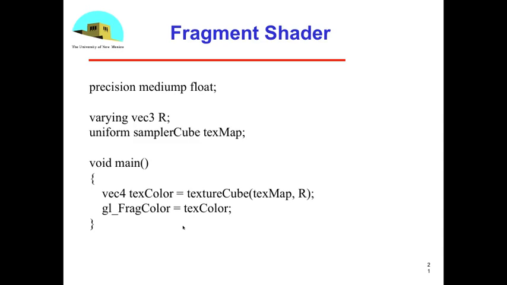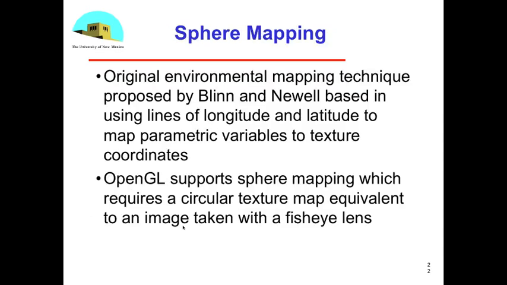Okay, before I show you an example, let me make a couple of comments on sphere mapping. That was the original way it was done. Blinn proposed this quite a while ago. They used a mapping based on longitude and latitude and a parametric representation of the sphere. That, of course, gives you some distortion at the poles, as we've talked about.